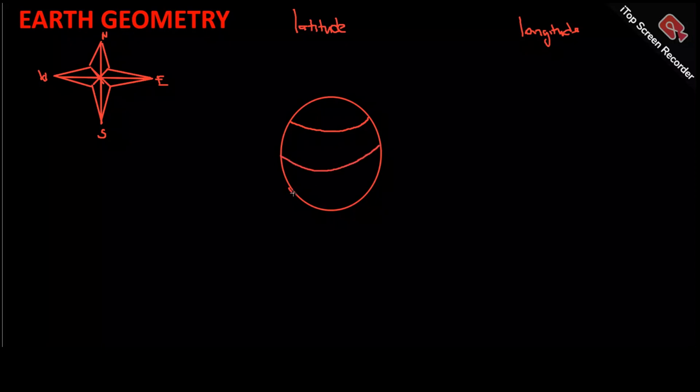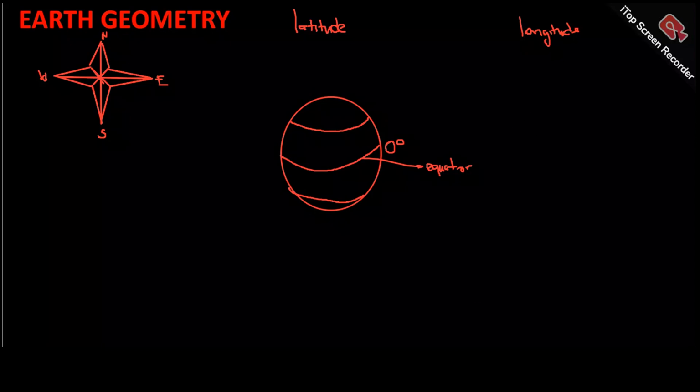The longest one, which divides the earth into two equal parts, is known as the equator, and it is 0 degrees. That is the longest latitude.